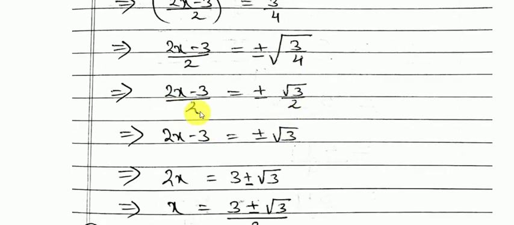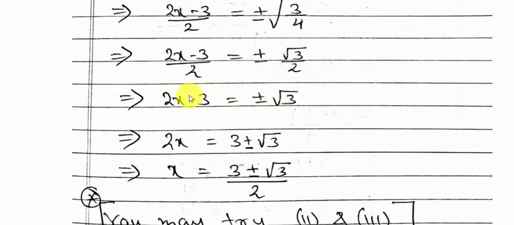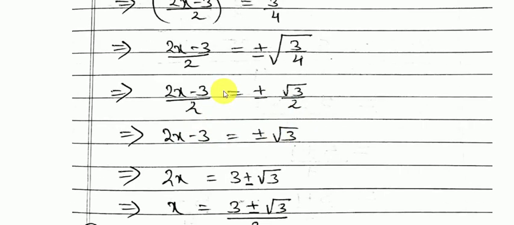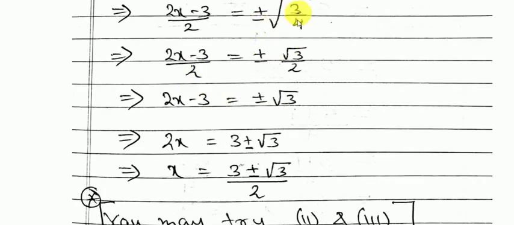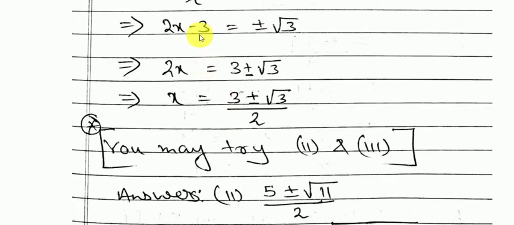Then you simplify: square root of 3/4 is square root of 3 upon 2. This 2 and this 2 cancel, so 2x - 3 = ±√3. That minus 3 goes to the other side, and this 2 will divide the whole, so you get x = (3 ± √3)/2.